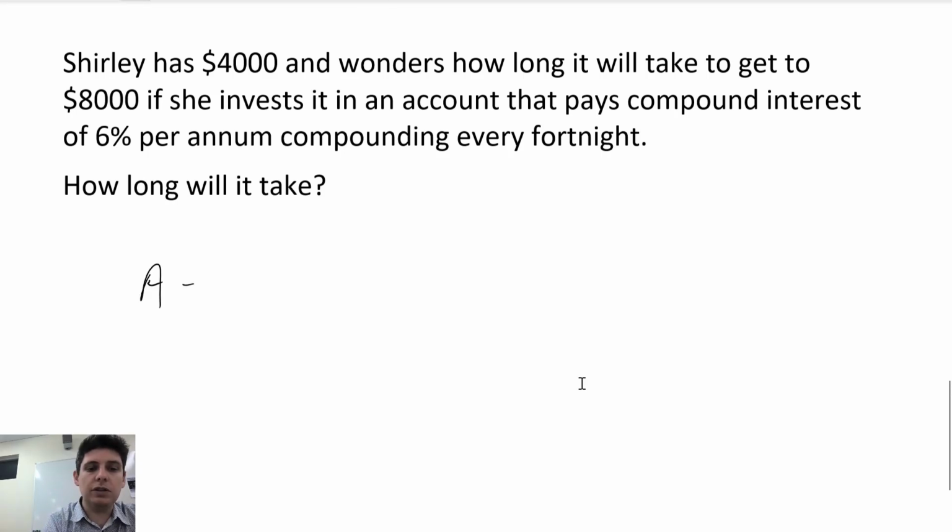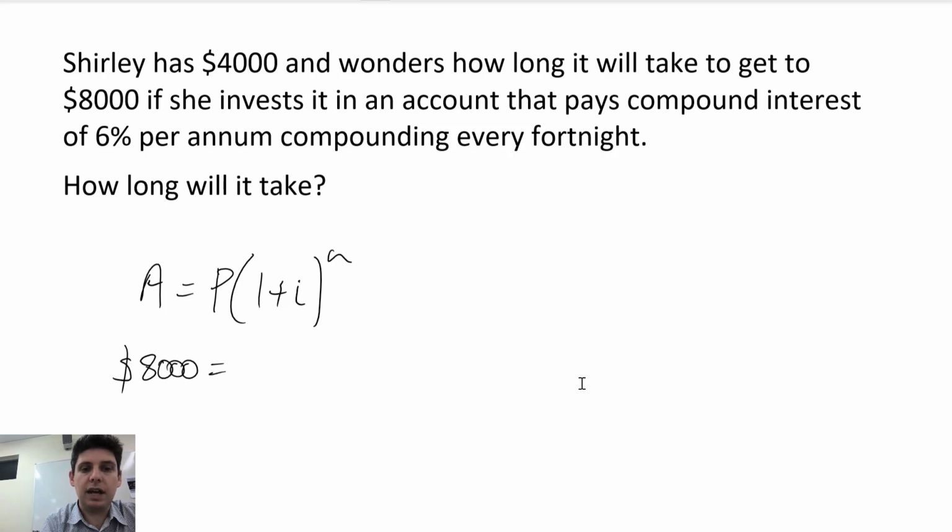So again, we use the compound interest formula. We substitute in. So this time we know what A is. That's the end amount. We substitute in the principal. And we need to substitute in the fortnightly rate.